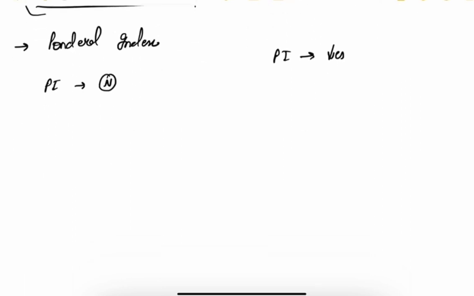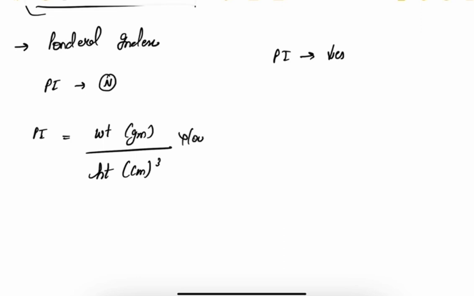So what is PI? PI is the weight of the baby in grams divided by the height of the baby in centimeters cubed, multiplied by 100. This gives the ponderal index. Height is estimated by femur length. It is actually femur length in centimeters cubed, multiplied by 100.